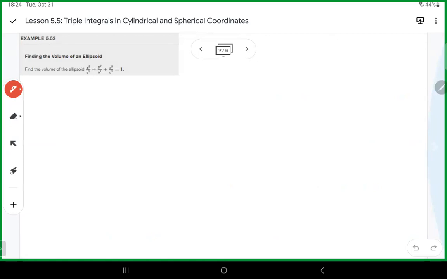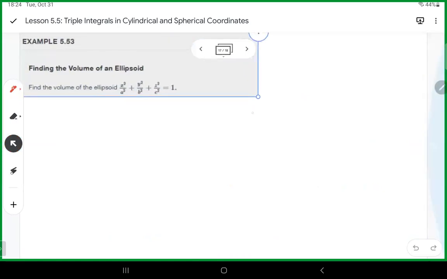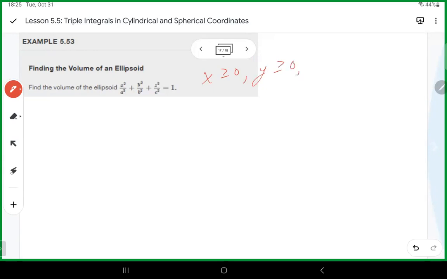So now we need to find the volume of an ellipsoid. It gives you the equation, sorry. So again, we're going to use symmetry and evaluate the volume of the ellipsoid using spherical coordinates. As before, we used the first octant, which we found this information out. And then multiply the results by 8.